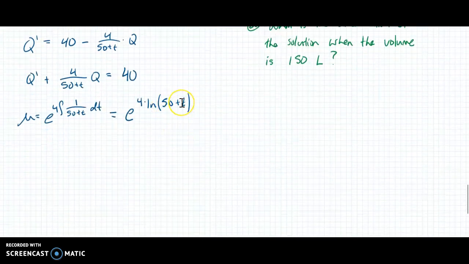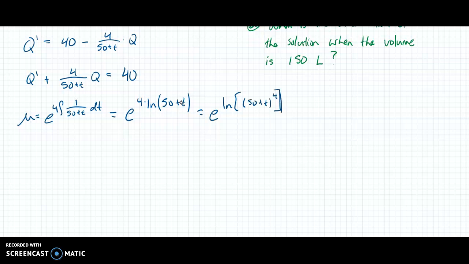So that ln is always going to be positive, so I don't have to worry about negative numbers. Anyway, small details. Plug it in: e to the ln of 50 plus t, to the 4th power, where the e and the ln cancel, and I get 50 plus t to the 4th power.